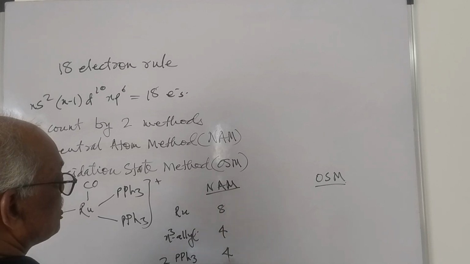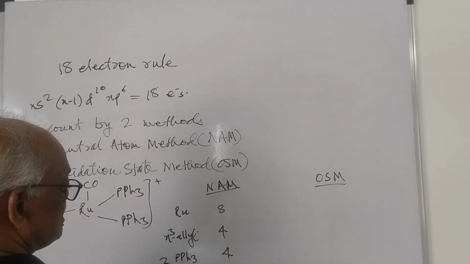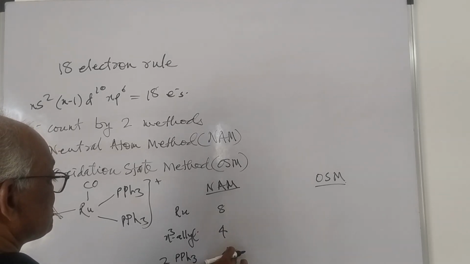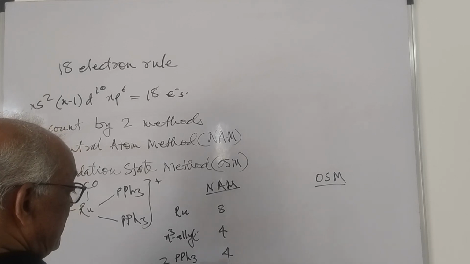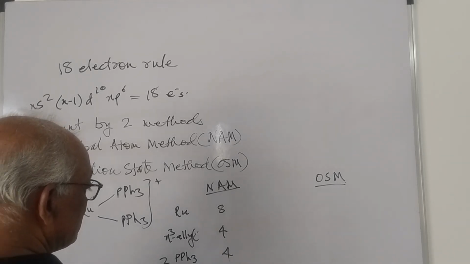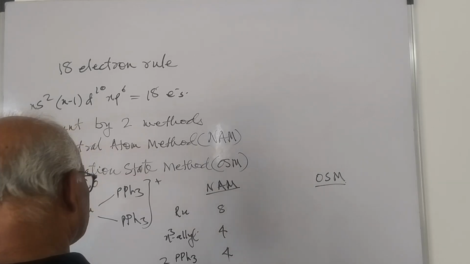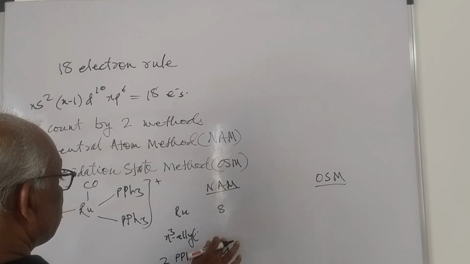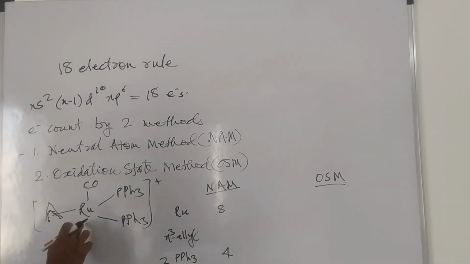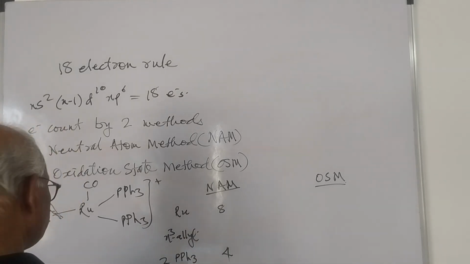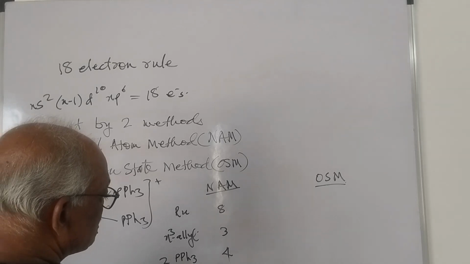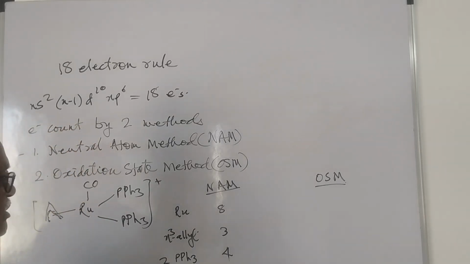So if we make the total, 8 plus 3 plus 4 plus 2 gives 17, and minus 1 gives 16. So this charge is deducted from the count.